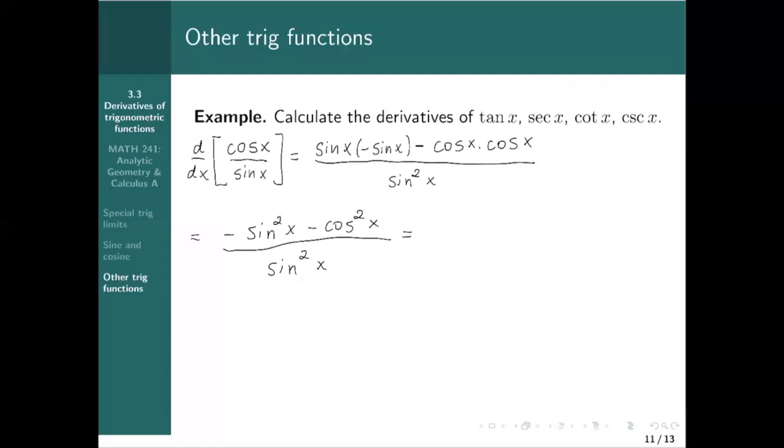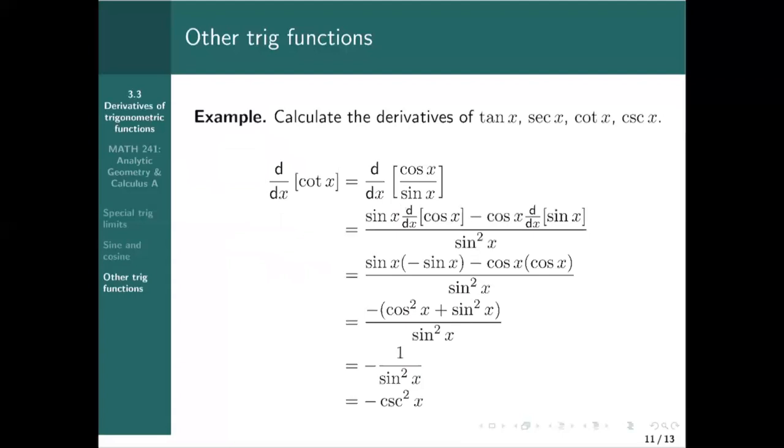So minus sine square of x minus cosine square of x is going to be equal to minus 1 over sine square of x. So this is equal to minus cosecant squared of x. So the derivative of cotangent of x is minus cosecant squared of x, which is exactly what we have in this slide.